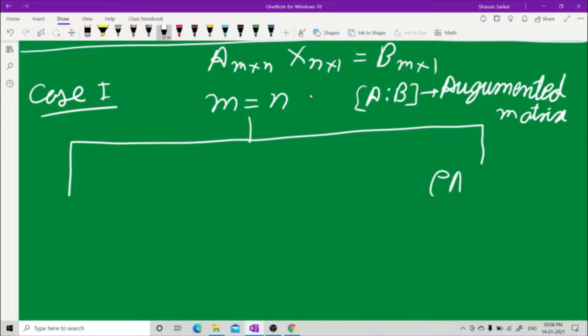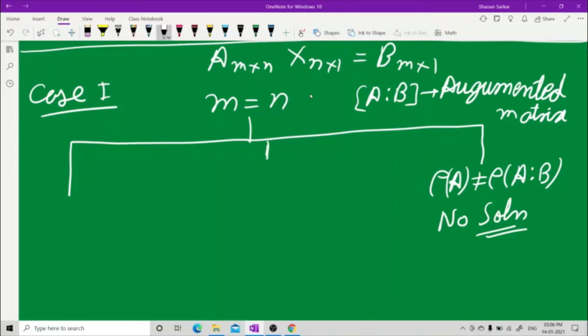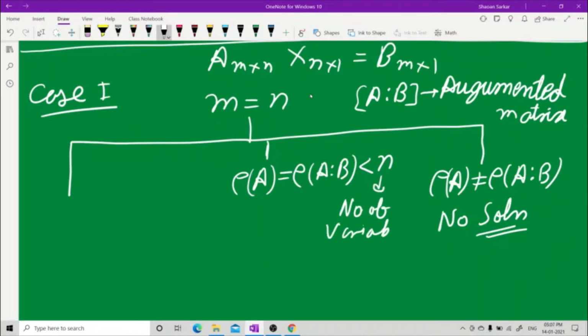Suppose the rank of A is not equal to rank of A colon B, then we say no solution. Very, very important point. Next, rank of A is equal to rank of A colon B, but this is less than n, the number of variables.